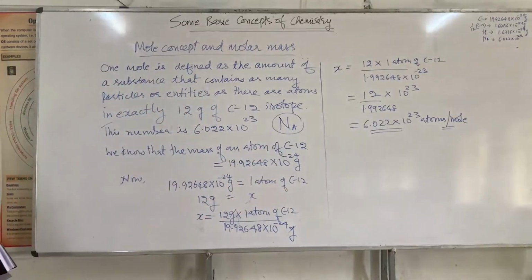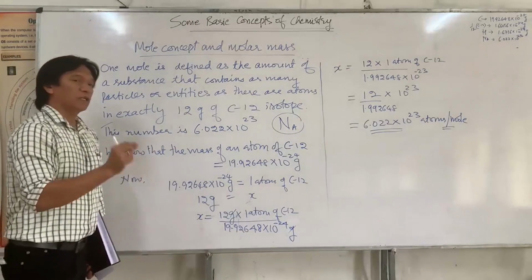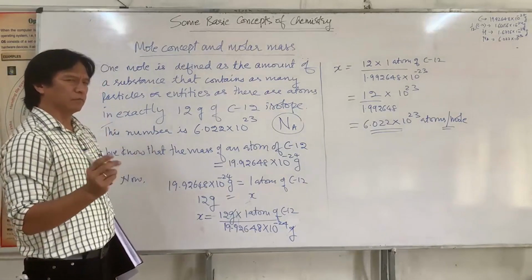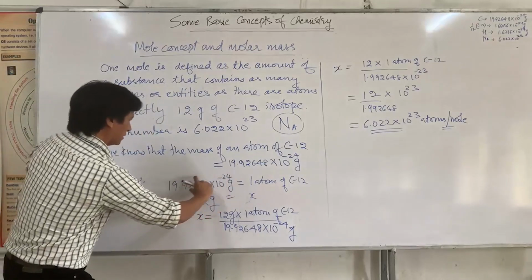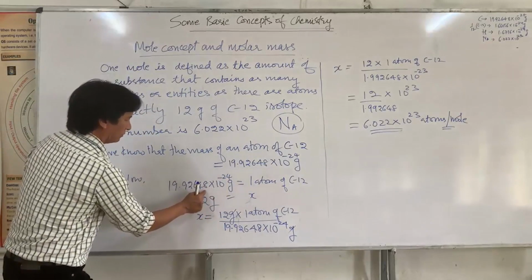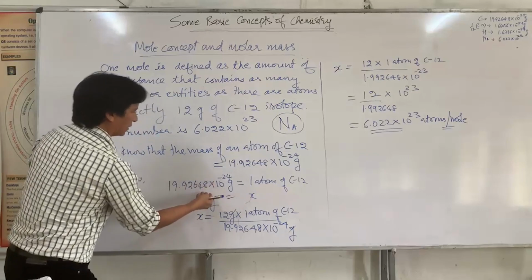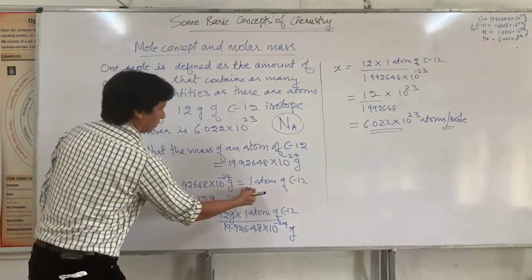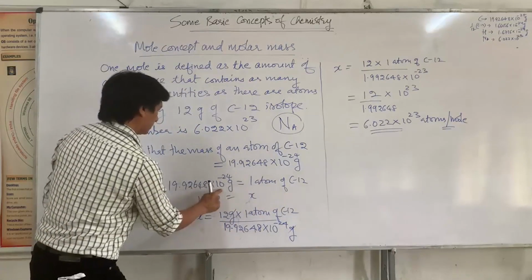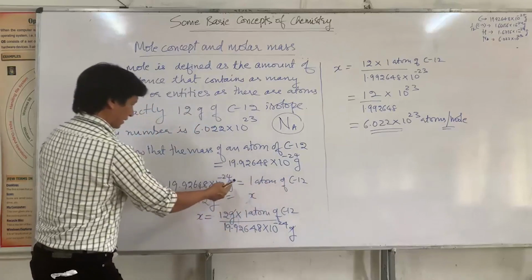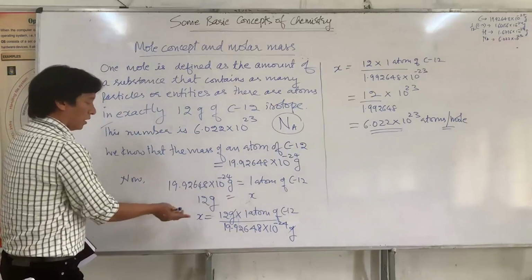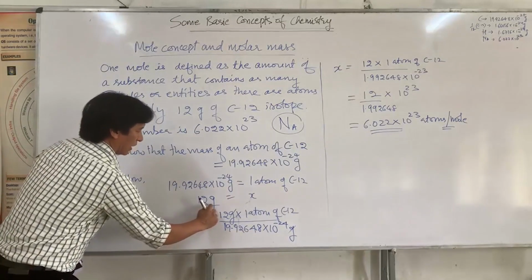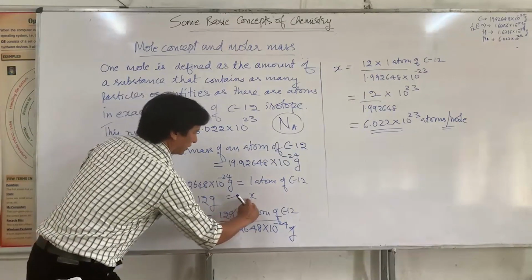Now, when you take exactly 12 grams of carbon, very simple. This number here is the mass of one atom of carbon-12. One atom of carbon-12 has this much mass. Now, 12 grams of carbon will contain how many atoms?